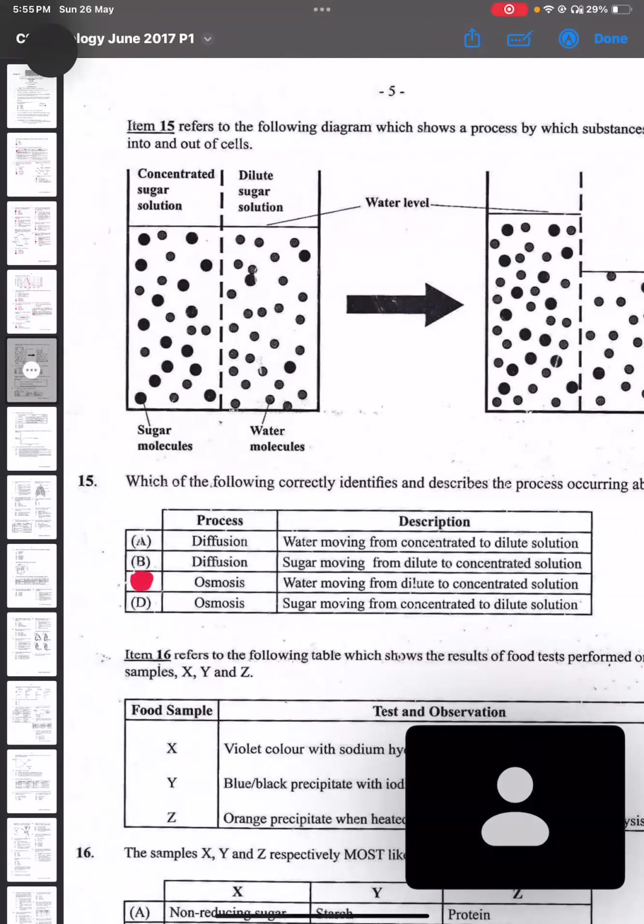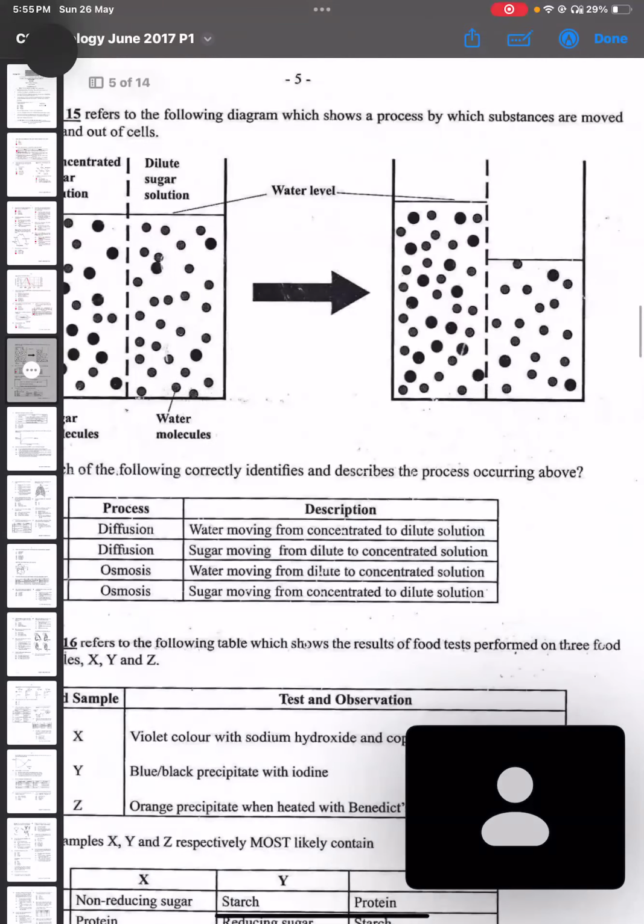You realize that this level becomes lower, and this was the dilute, and this is the concentrated, and the water moves across the membrane because you had more water in the dilute solution than in the concentrated solution. So your answer is C.